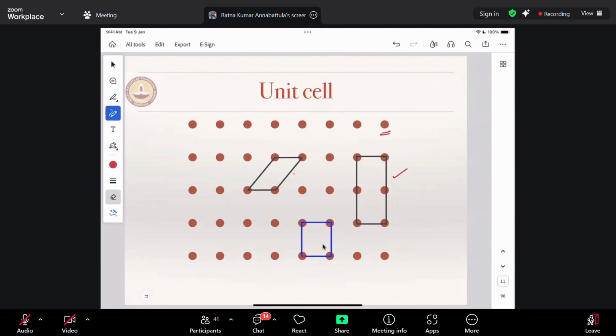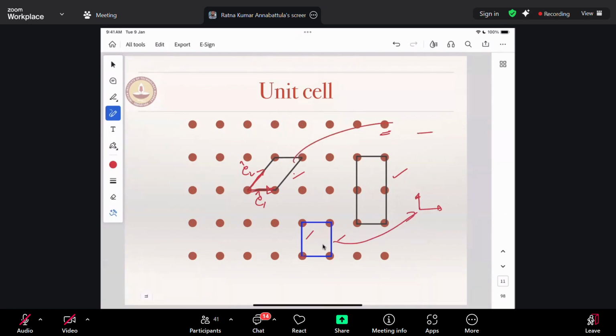Now, if I take this one, this is one unit cell edge and this is another unit cell edge. So, for this particular unit cell, this is my E1 hat and E2 hat is not vertical like this. This is my E2 hat. These are the lattice vectors for this.